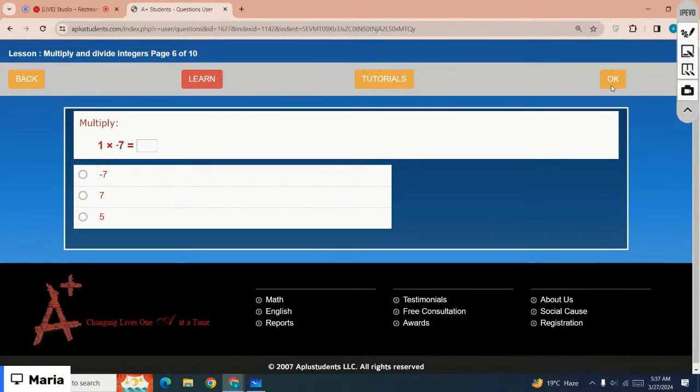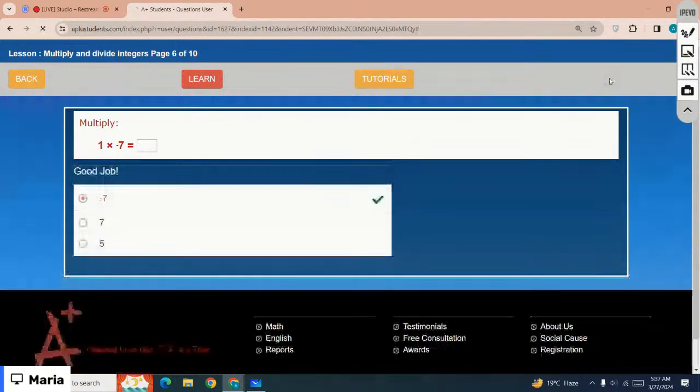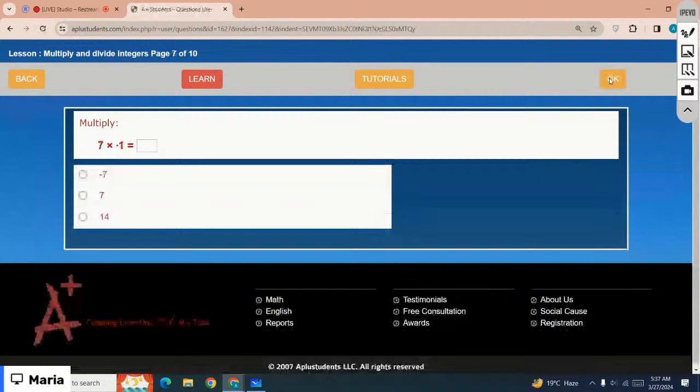1 times negative 7, which is the correct option? The correct option is option number 1. 1 times negative 7 is, yes, negative 7. 7 times negative 1 is negative 7.